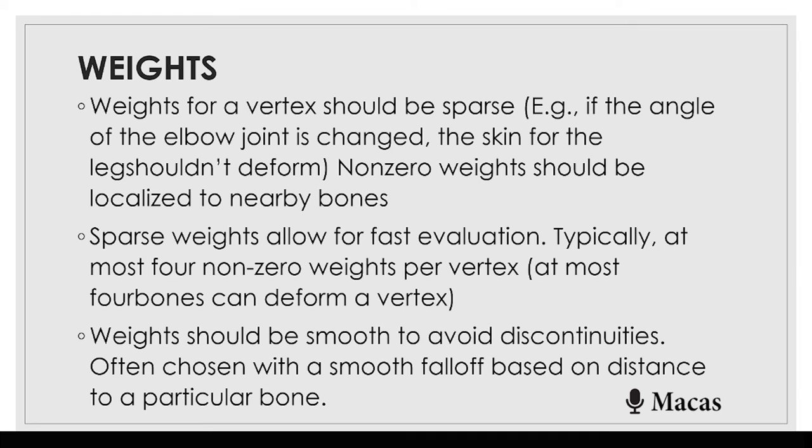Sparse weights allow for fast evaluation, typically at most four non-zero weights per vertex. Ayun po, mas pinapabilis po niya yung process ng sparse weights, kasi walang masyadong nagde-deform na skin.